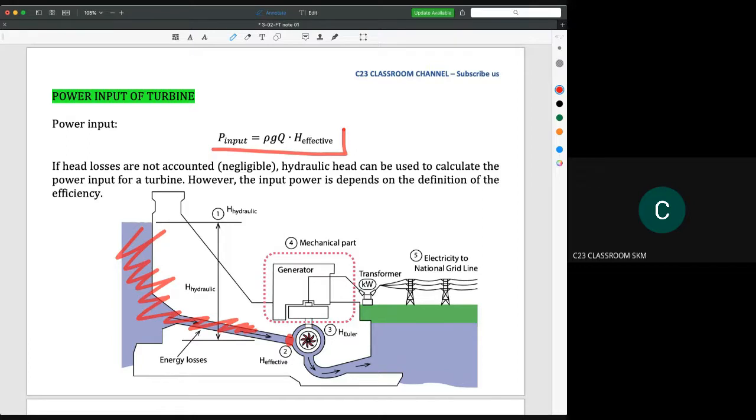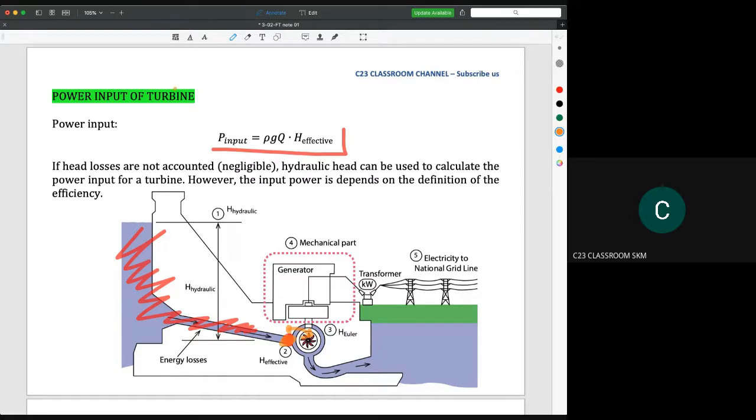The common equation for power is rho g Q H, and then we need to use the H effective, meaning the energy head at the inlet of this turbine. Okay, we are using the head here to calculate the power input, because this is actually the power input that starts to give to the blade.